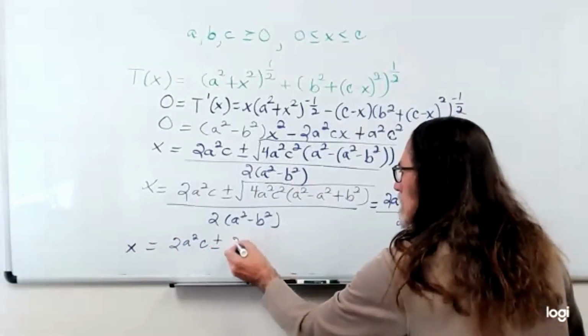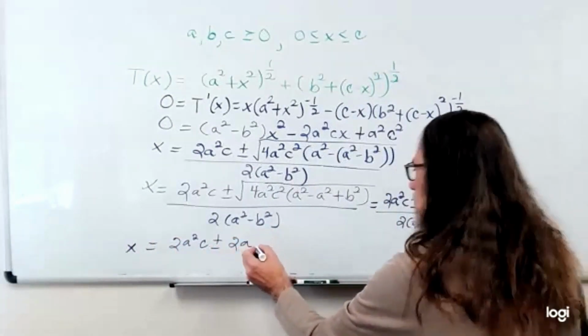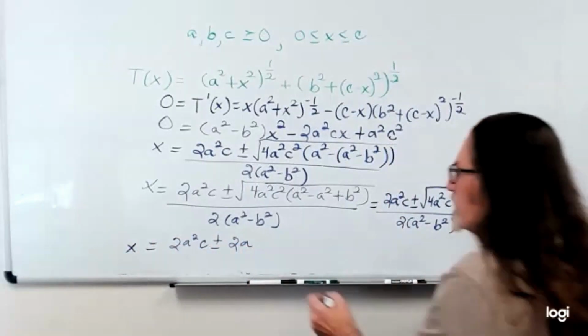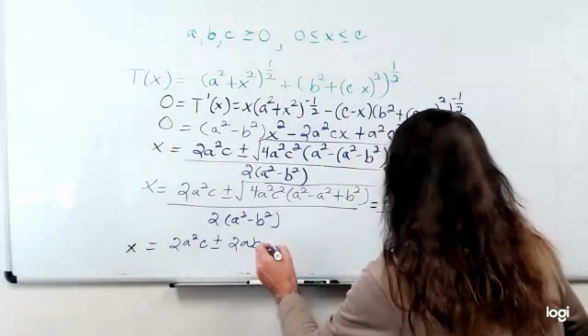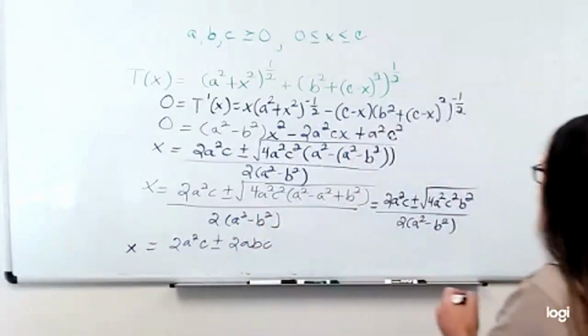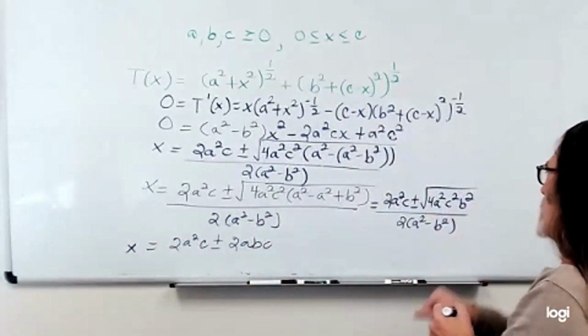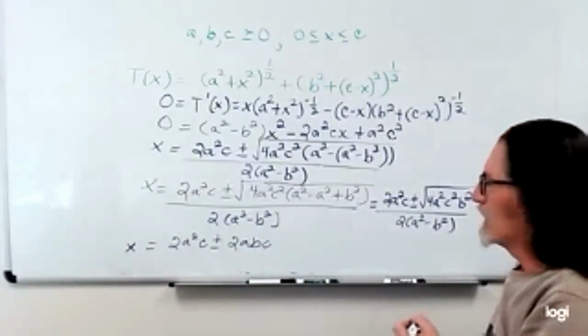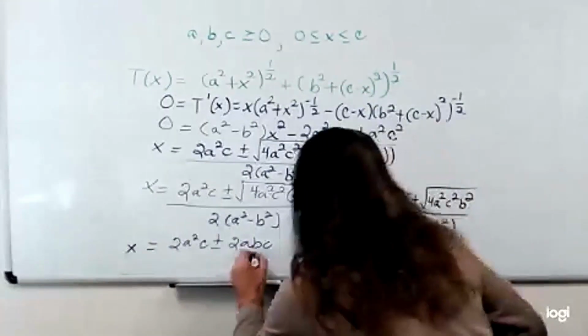To a, I'm going to put the square root of the b squared first. So the square root of 4a squared c squared b squared would be 2acb, but I've written that as 2abc.